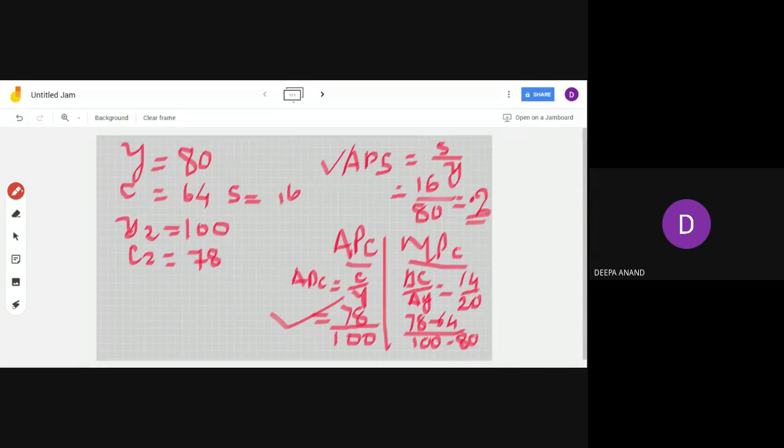And here MPC is asked, that is change in consumption upon change in income. Here what is the change? 64 has become 78, 14 has increased. And income 80 has changed to 100, so 20 has increased. So MPC is equal to 14 upon 20. What number are you getting? 0.7. Very good. So this is also done.